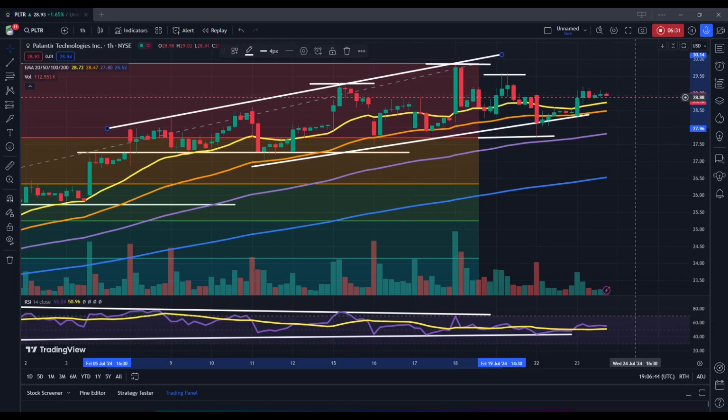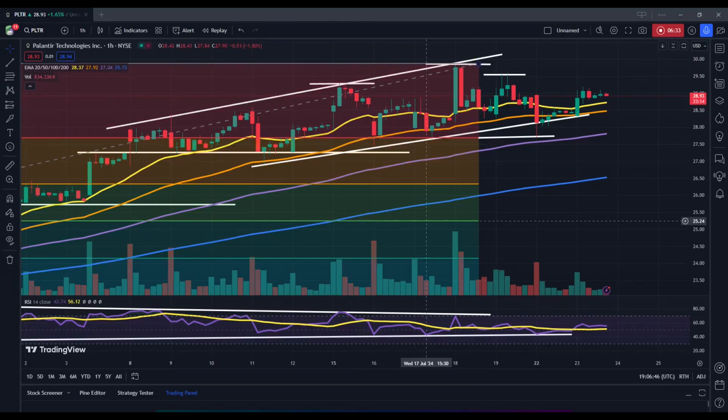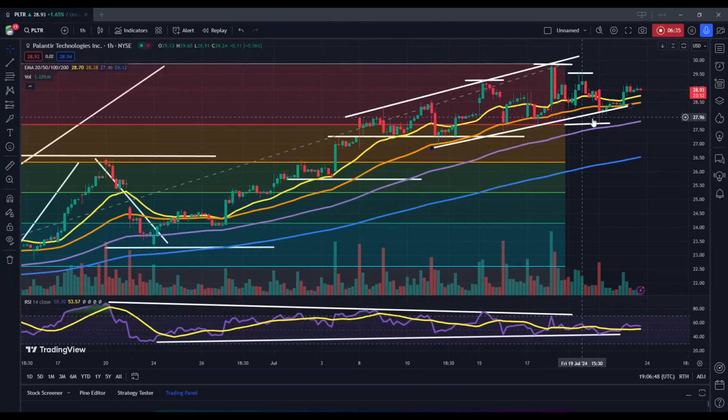So you could make the argument that this price channel remains intact to the top side, but it will need to be acknowledged that we have seen some price spikes into this 27.70 level. And this is another reason I'm viewing this level as so important going forward. So these are the current levels to watch. This is the current market outlook for Palantir Technologies Incorporated, stock ticker PLTR.